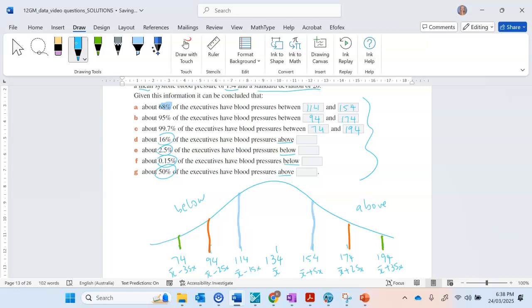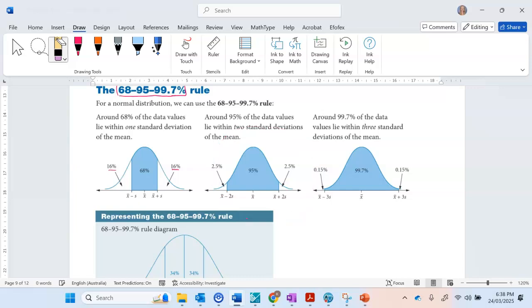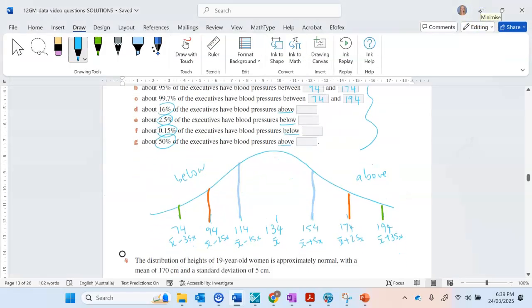All right, so 16%, again, looking at our diagram, so we want 16% above. So just get rid of all this scribble. All right, so 16% is above 1 standard deviation. So we're looking at 1 standard deviation above. So this is 16%.